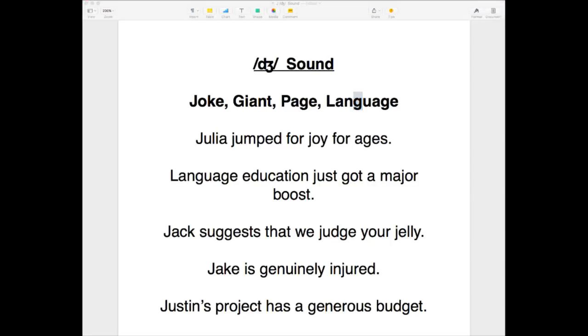Language. So try this for me. Language. Language. I also almost do a W in the middle there, don't I? Language. Language. How many languages do you speak?